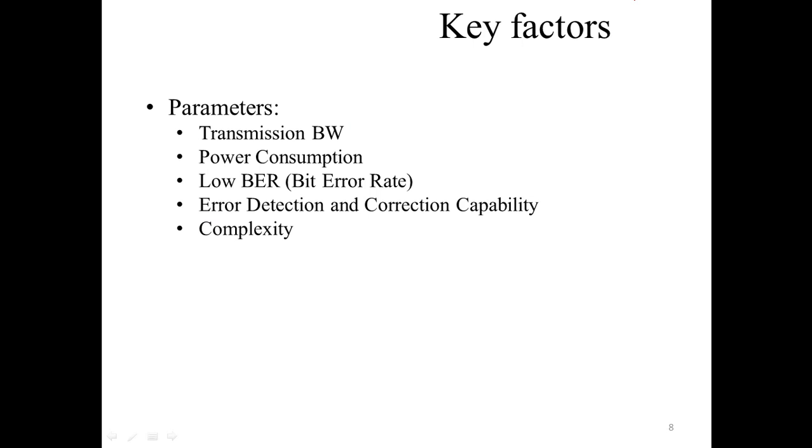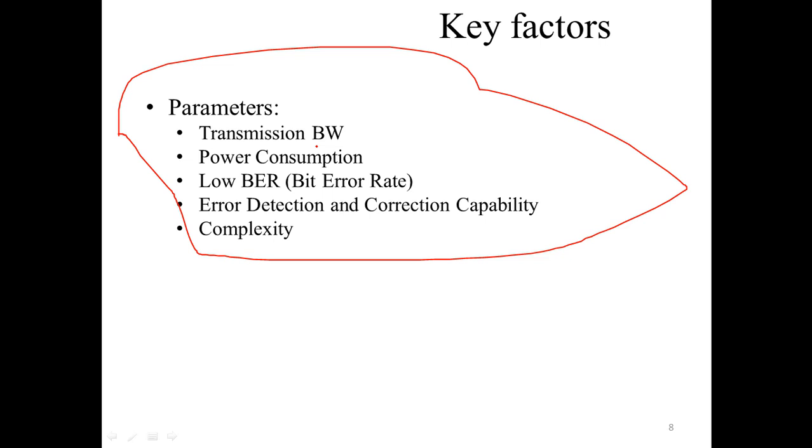But before going to that, how can you select a particular line coding technique? The selection is basically dependent on some key factors. You have to keep these parameters in mind: what is the transmission bandwidth allocated to you, what is the power consumption allocated to you per bit, what is the bit error rate, up to which level you can tolerate this error rate, and what is the error detection and correction capability.